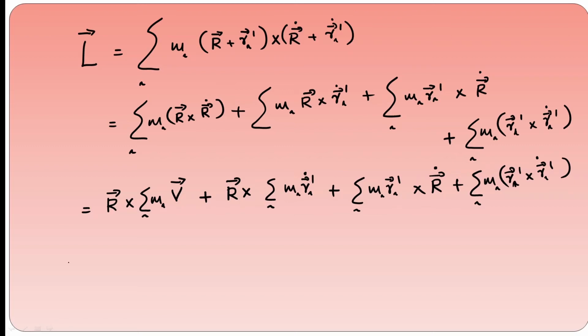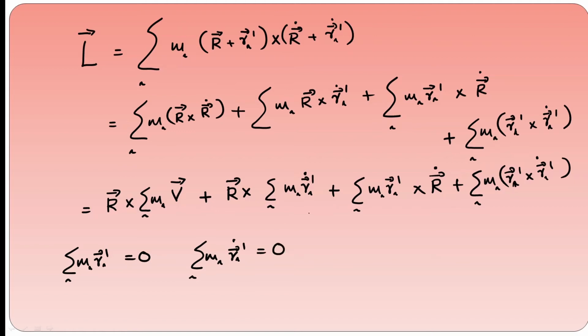This is 0. You have this summation over Mi Ri prime equals 0. This is the sum of moments about the center of mass that we had already discussed. Since summation over Mi Ri prime equals 0, definitely the summation over Mi Ri prime dot, its derivative, will eventually vanish.